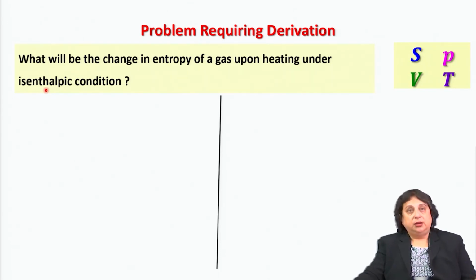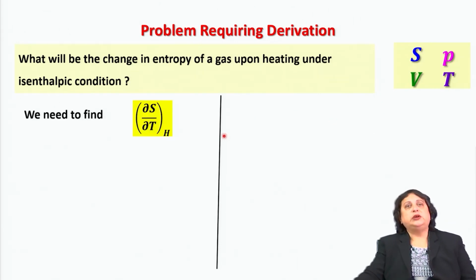Now, if by looking at this you immediately think, okay, it is entropy variation, can I not just go and use the Maxwell's relation? You will find that there is no way you can use the Maxwell's relations directly to solve a problem like this.